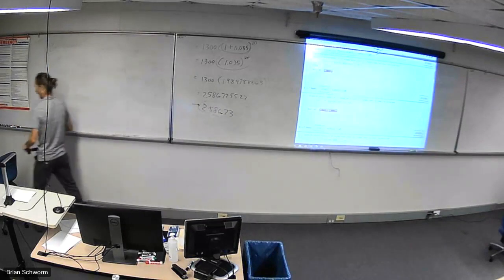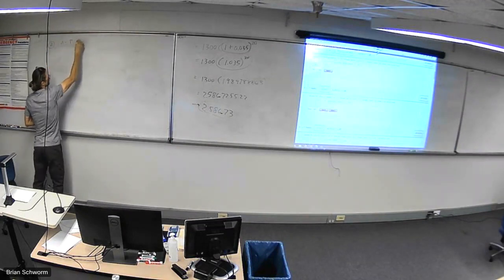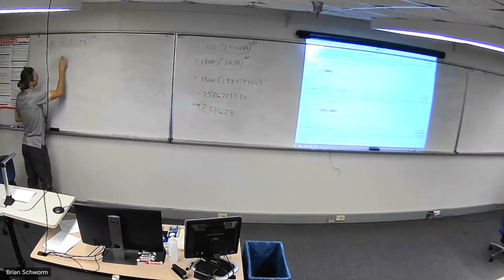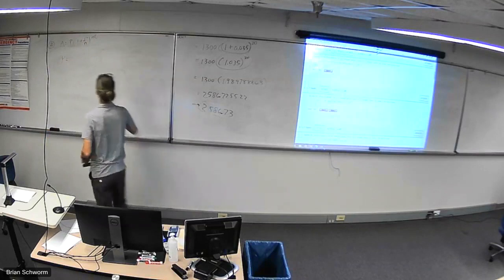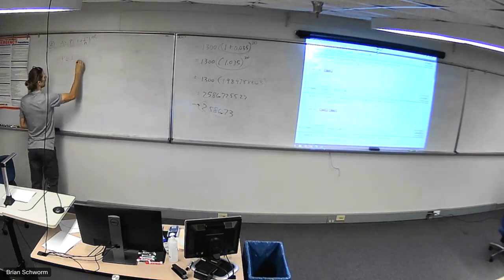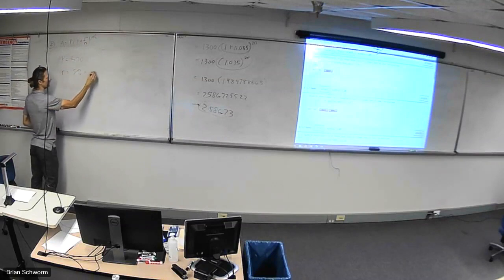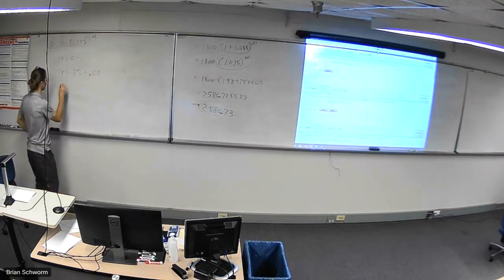Same formula. They say the principal this time is $500. The interest rate is 8%, 0.08 decimal form. Compounded quarterly.